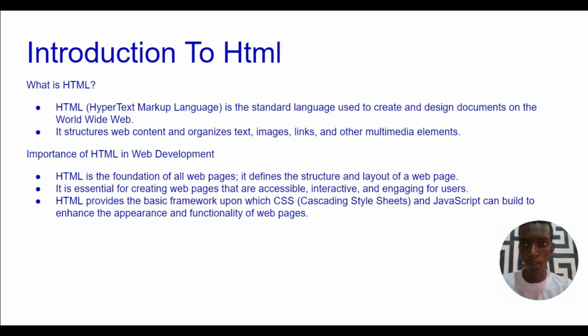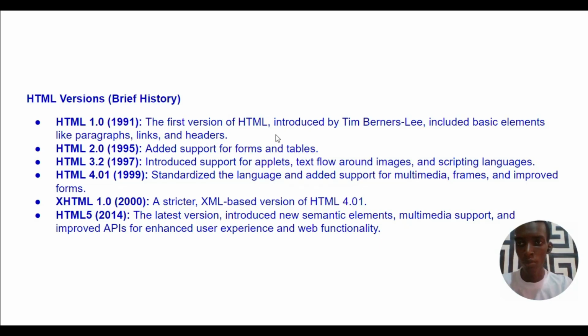Now let's take a brief look at the history of HTML. HTML versions, a brief history. HTML 1.0 was created in 1991. The first version of HTML, introduced by Tim Berners-Lee, included basic elements like paragraphs, links, and headers. Then HTML 2.0 in 1995 added support for forms and tables, and HTML 3.2 in 1997 introduced support for applets, text flow around images, and scripting language.